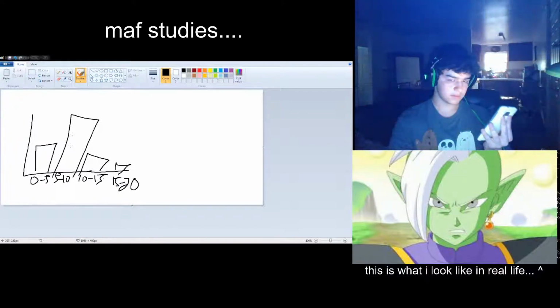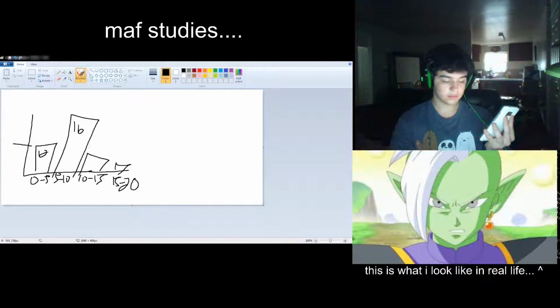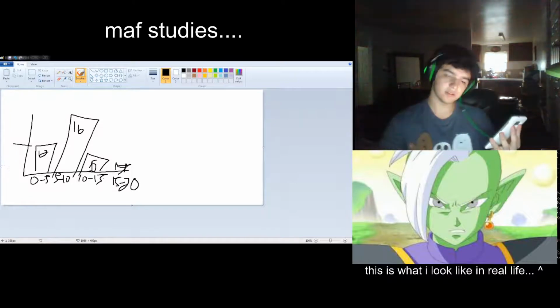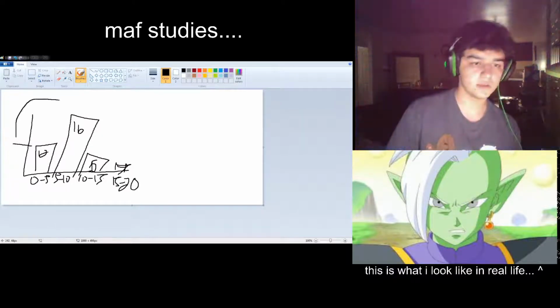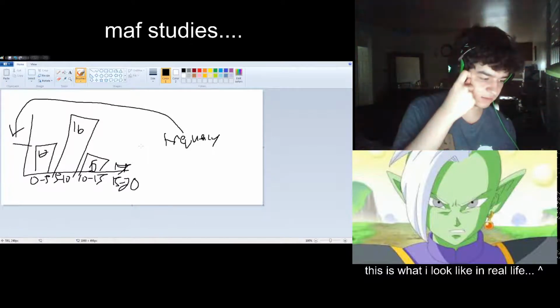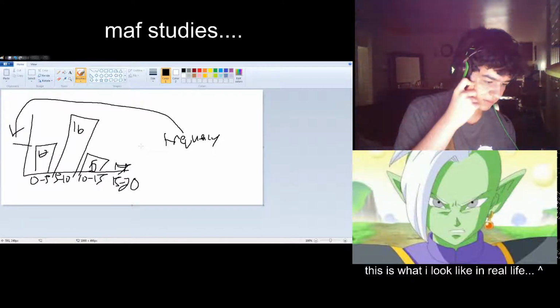And the frequency is that this one is 12, this one is 16, this one is 6, and this one is 4. But it doesn't give us what this could be. It just tells us that it is a frequency. So I guess that's like the number of people that bought it.